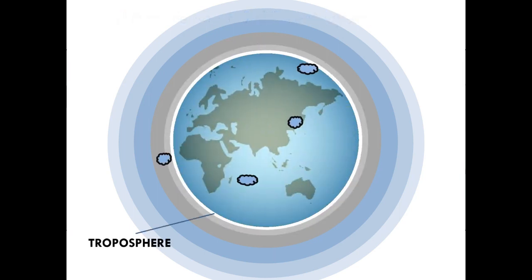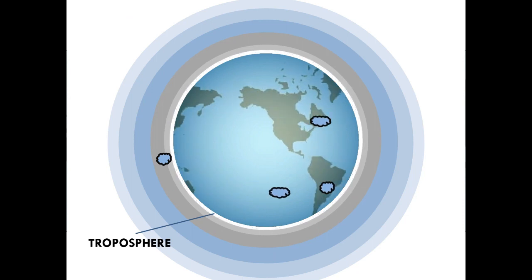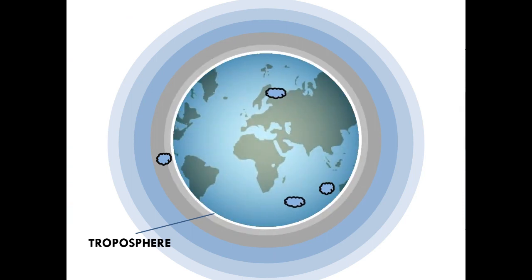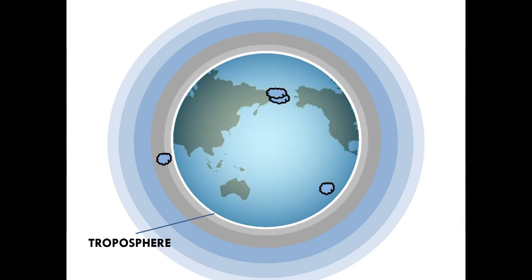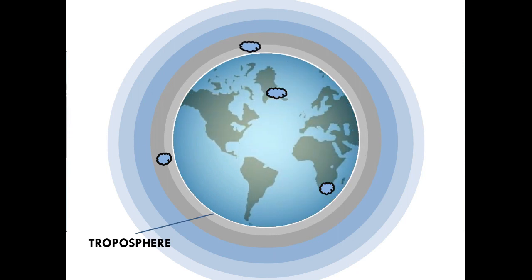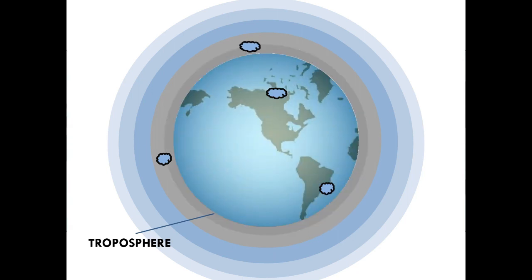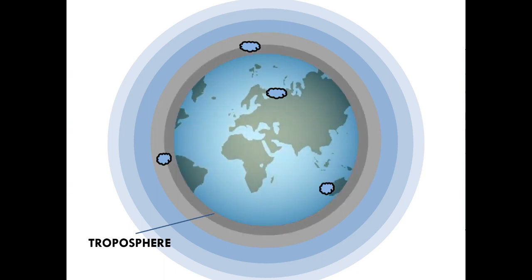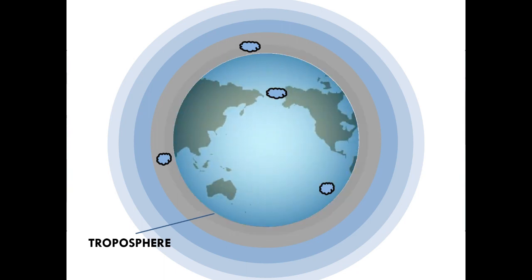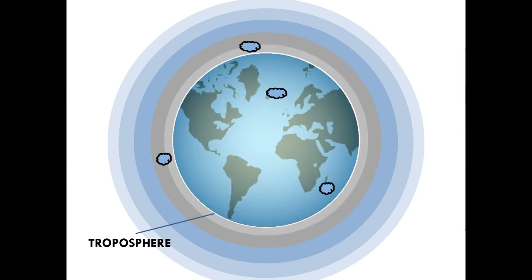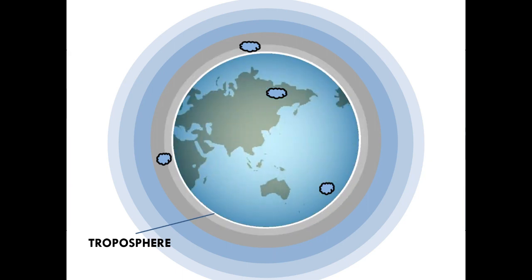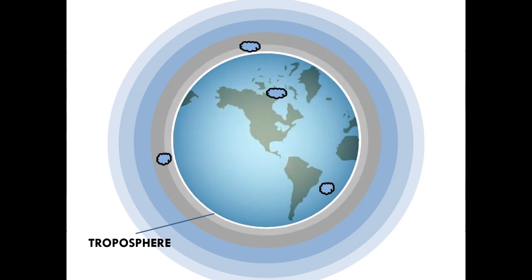So for the five different layers, we have first the troposphere. It holds all the air plants need for photosynthesis and animals to breathe. So this is basically where we are. We are in the troposphere. It contains about 99% of all water vapor and aerosols, or minute solid or liquid particles suspended in air.